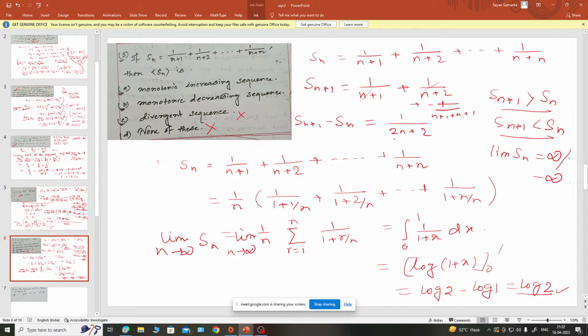Is it clear? So if we put n as any natural number 1, 2, 3, since it is a sequence, the domain set is natural numbers, obviously this value is greater than 0. Is it clear to everyone? So that implies xn plus 1 greater than xn, that is the sequence is monotone increasing. So it is not decreasing, so monotone increasing, so here the first option is correct.